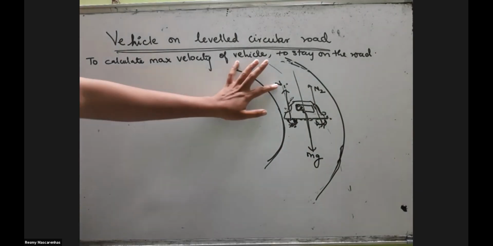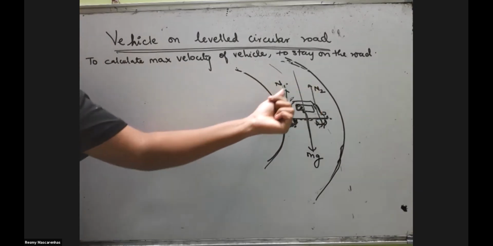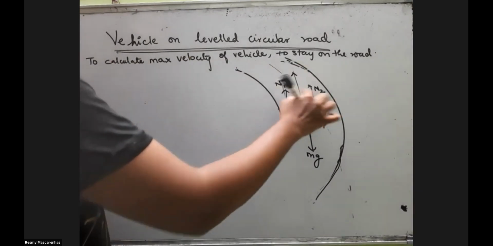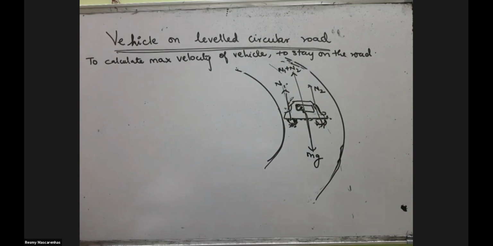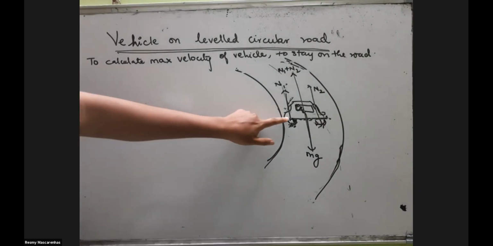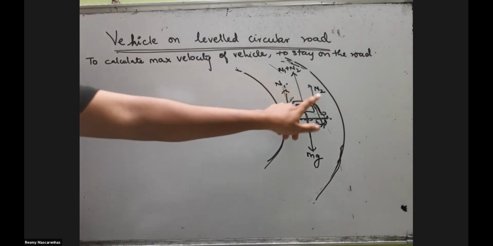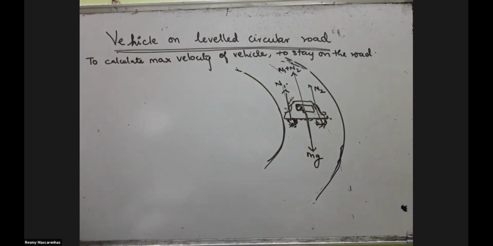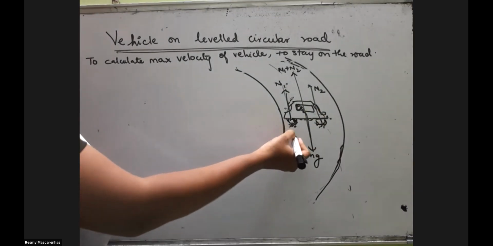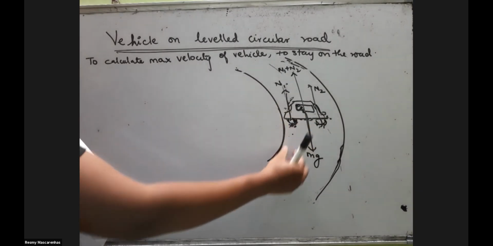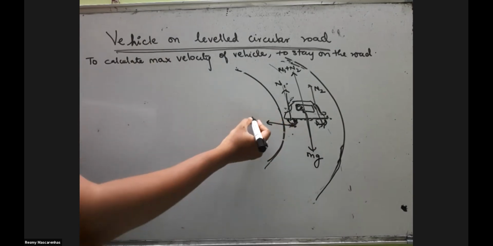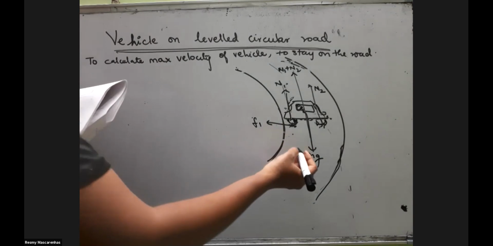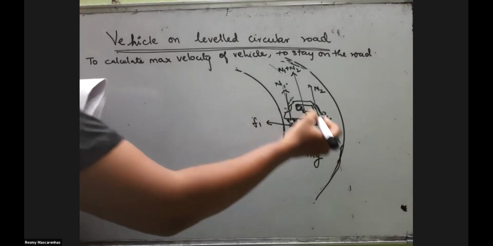What we'll do is write in general: if you add these two, we'll directly add this combination and write it as N1 plus N2. This tire is touching the surface, so one normal reaction will be here, and for this tire there will be another normal reaction. Now obviously the tires are touching the ground and they are trying to move, so there will be friction. This one will have friction F1, and for tire 2 we'll consider F2.